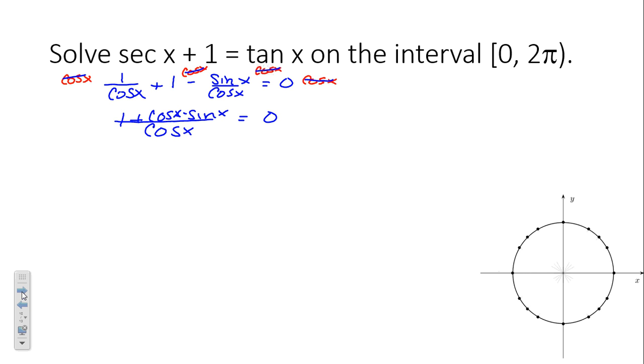Because it would be nice if we could get a 1 minus sine squared, or a 1 minus cosine squared, right? Because that gets us all into one lovely trig function, which is what we're trying to get to. Plus sine minus sine.